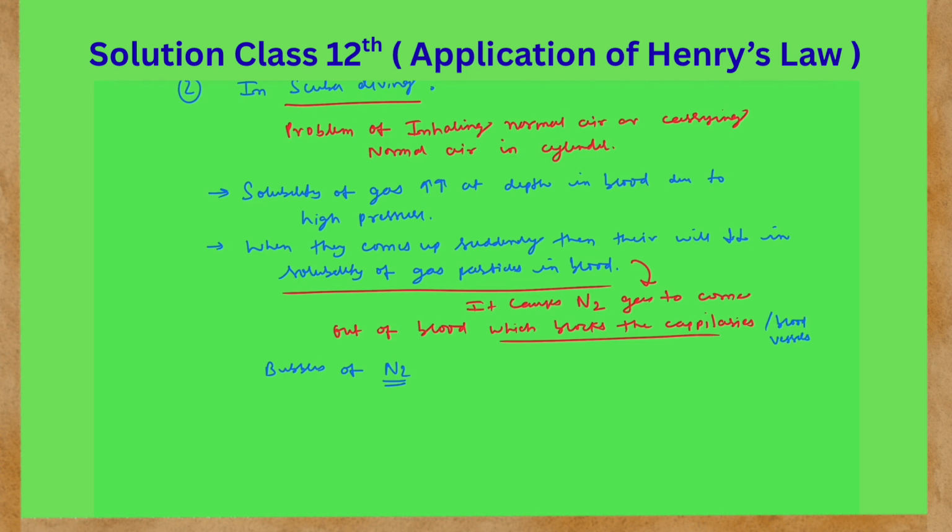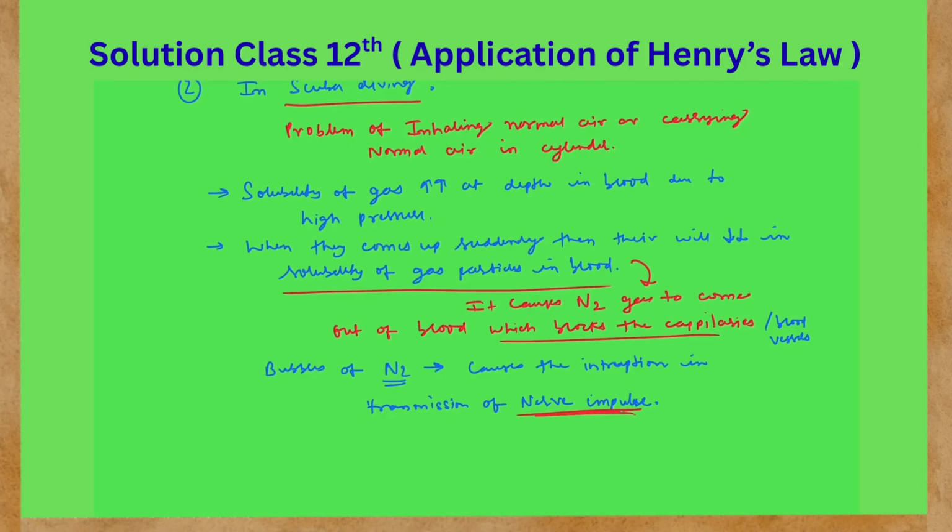This blockage of blood flow, of the bloodstream, causes the interruption in transmission of nerve impulse. So this is very important.